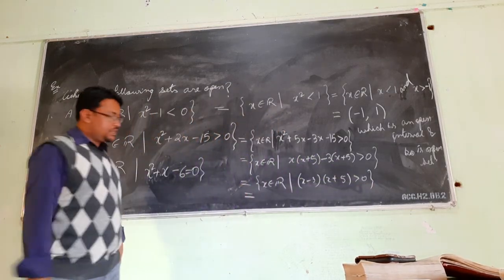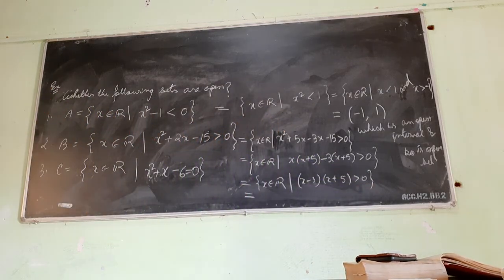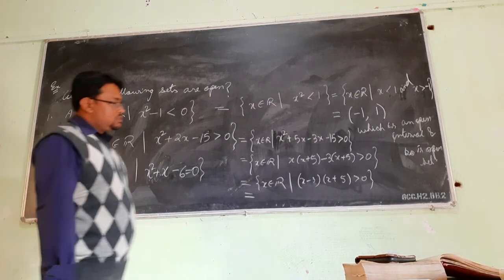Now what can you write? x minus 3 multiplied with x plus 5 is greater than 0. So what is this set?